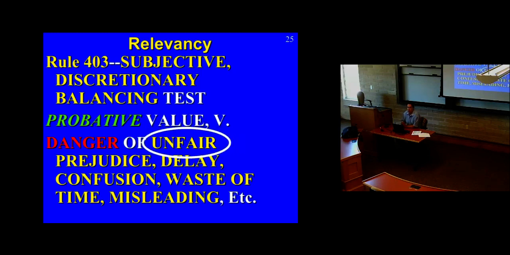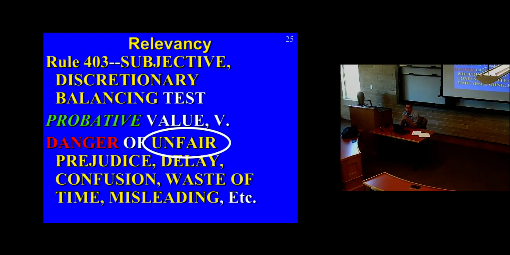So remember, it has to be unfair prejudice when we're talking about prejudice. Now, if you think about it, just the term prejudice is okay. In fact, prejudice by itself would actually fit within the probative value. In other words, if something didn't prejudice it one way or the other, it probably wouldn't even be relevant. So we're not concerned about prejudice per se in the way this is being defined. It's unfair prejudice.